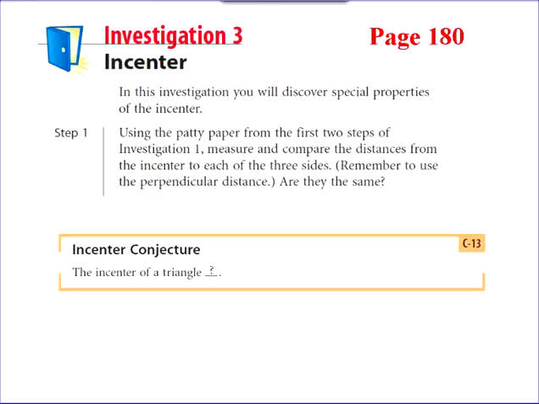You're doing this only on your first one. So all you do is take your ruler and measure from the incenter along that segment. It's going to be the same. So what did you notice, girls? 4 inches.